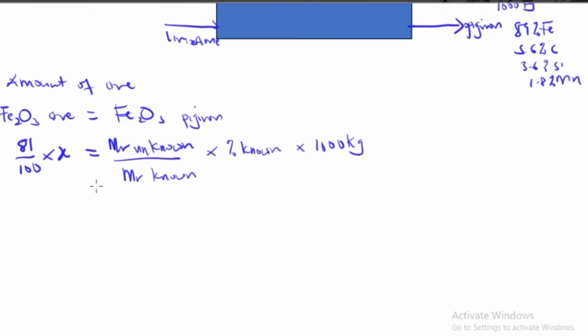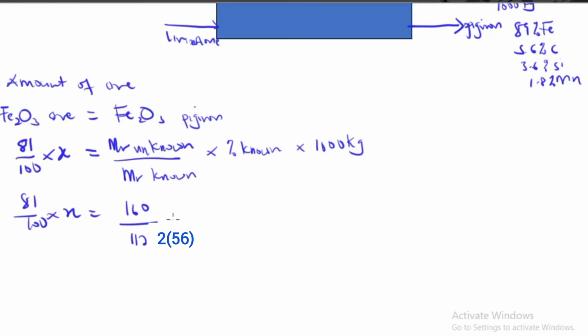For us to simplify this, we know that this will be 81 over 100 times X is equal to the molar mass of the unknown, which is the hematite. We don't know the percentage, so we have the molar mass. The molar mass is just adding their molecular masses, and when you add them, we get 160 over the molar mass of the known, which is the iron. Iron is 112, since we have two moles of iron.